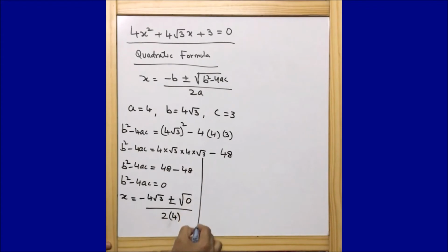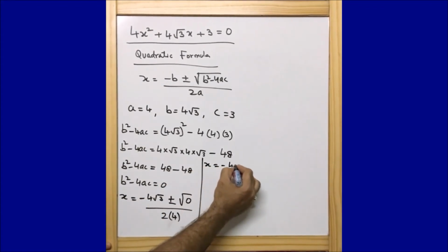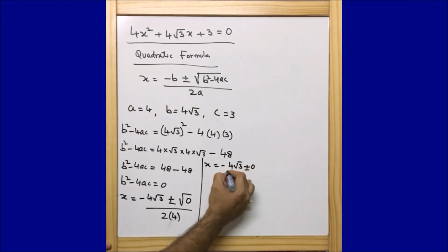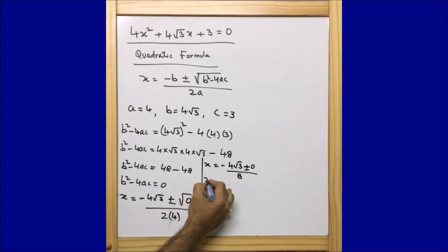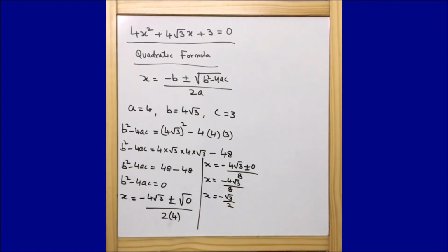What we are getting: x is equal to minus 4 root 3 plus or minus 0 upon 8, or I can say x is equal to minus 4 root 3 by 8, or x is equal to minus root 3 by 2. So this is what we are getting.